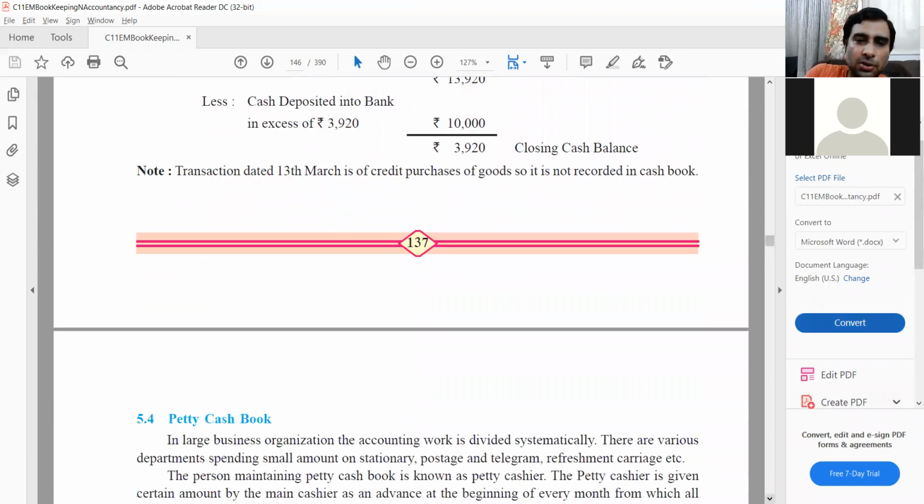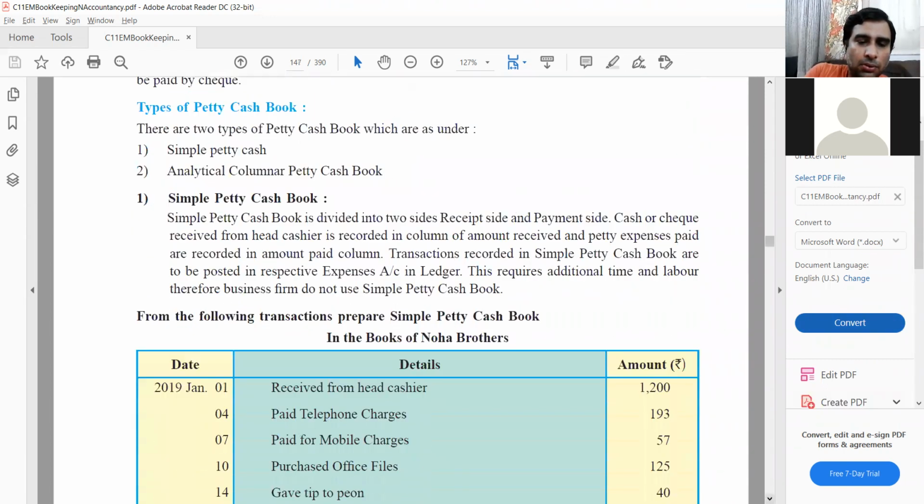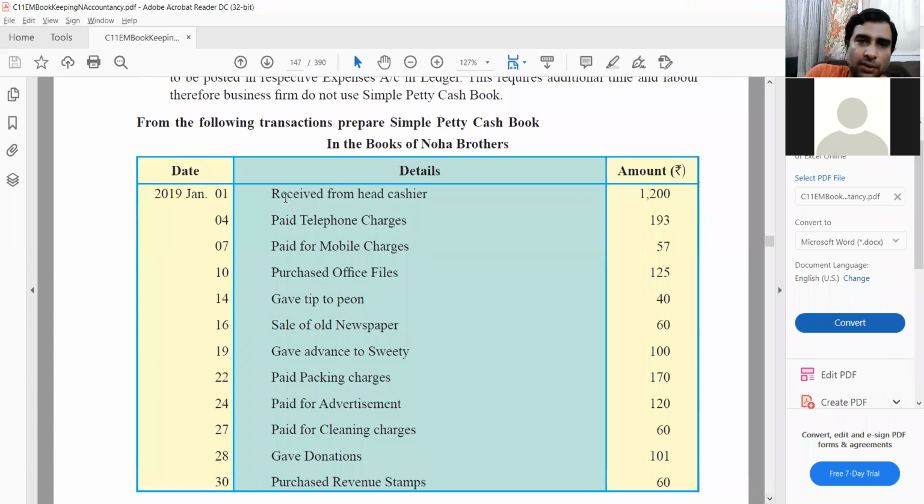Get to the right page. So, received from head cashier. Like I said, the junior cashier or the petty cashier or the junior accountant will maintain petty cash. The senior accountant or the head cashier will have the responsibility for the main cash box.